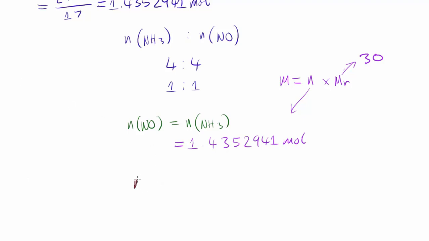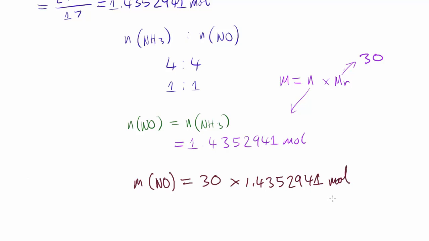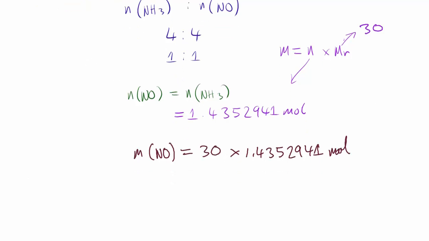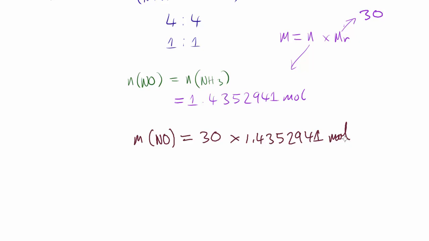So the mass of NO here is going to be the MR, 30, multiplied by the number of moles. I didn't include the units of the molar mass, but we know that's grams per mole.